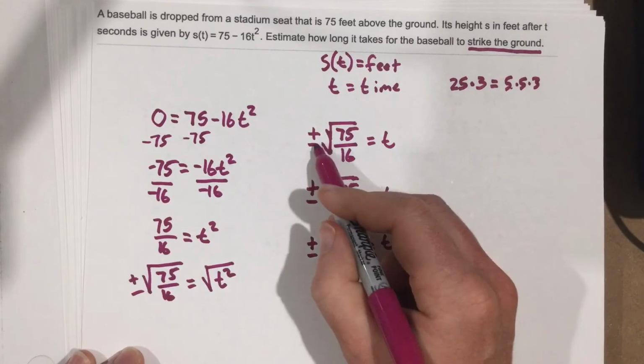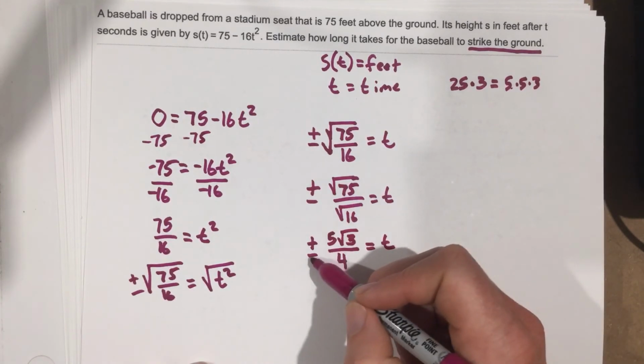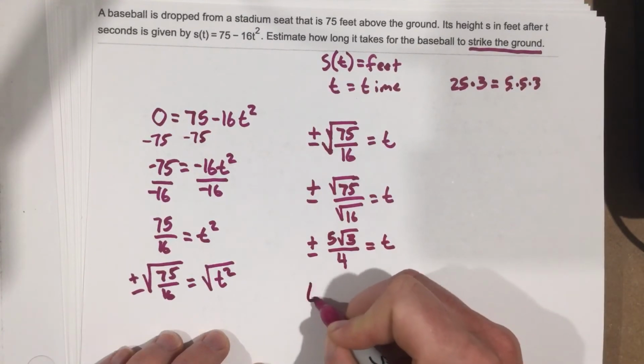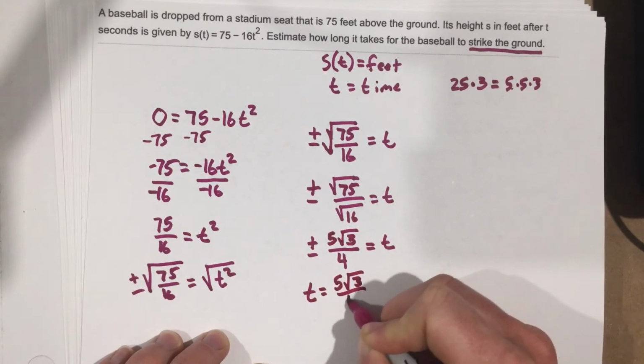Now, notice I put the plus and minus in the whole time. At the end, though, you can basically understand that the negative part, I mean, we can't have negative time. So really, time is just going to equal this 5 root 3 over 4.